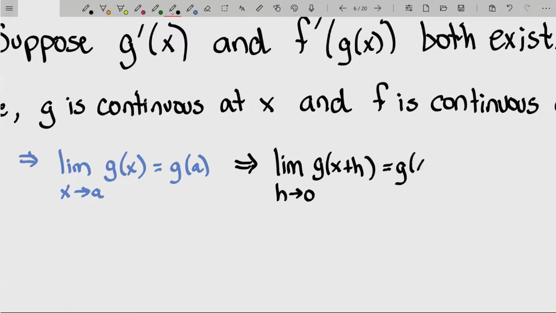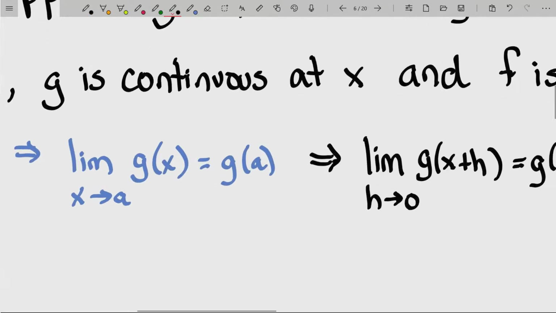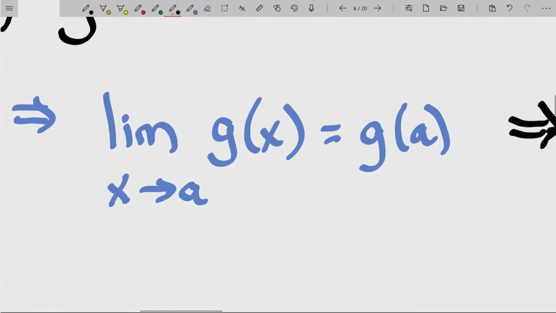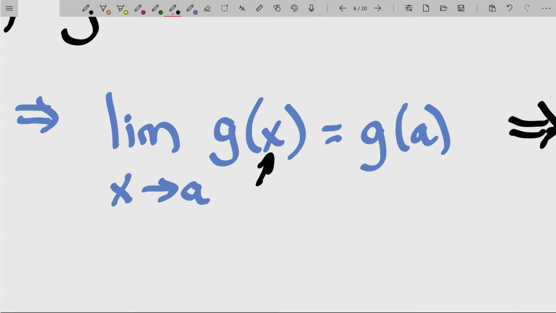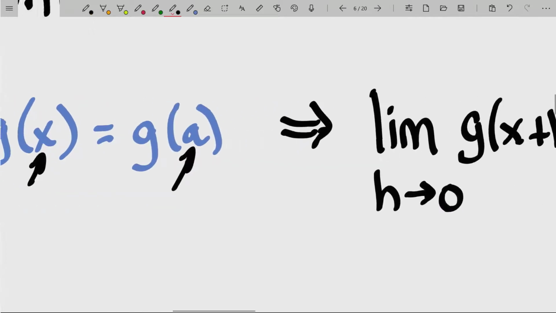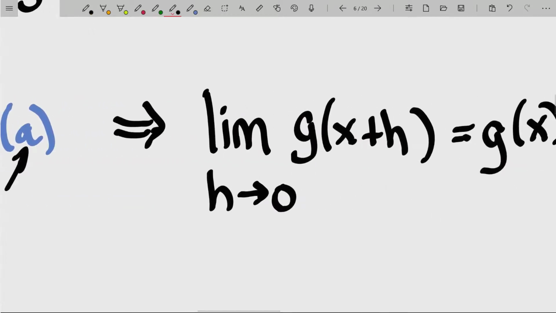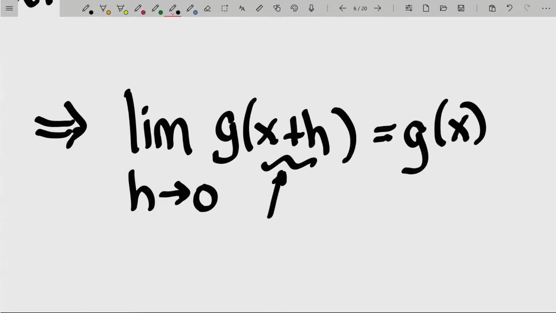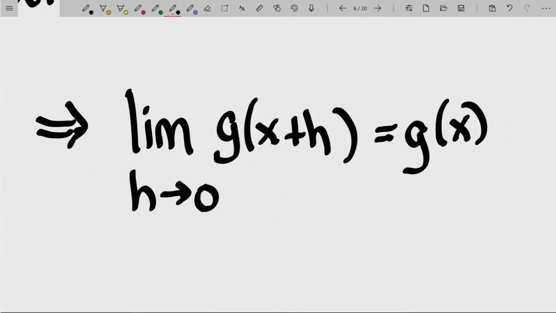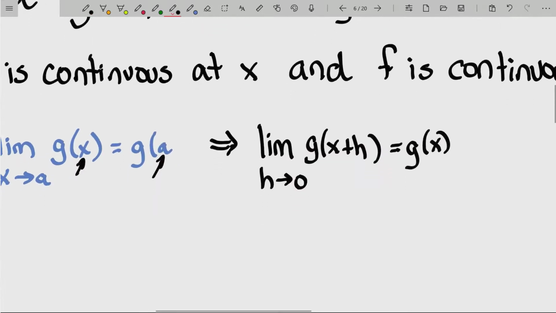That is, if you look back over here, if g was continuous at a, that means as this input gets super close to a, it'll just equal the function value at a. The fact that we're saying g is continuous at x means as this input gets really close to x, that limit becomes g of x. It's the same statement. So now I'm going to erase the blue ink because I don't need it anymore, because that's not what that implies.